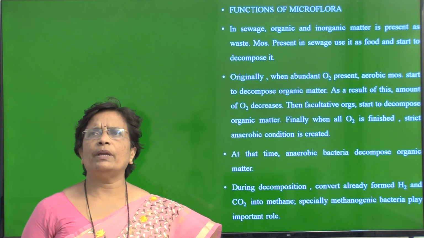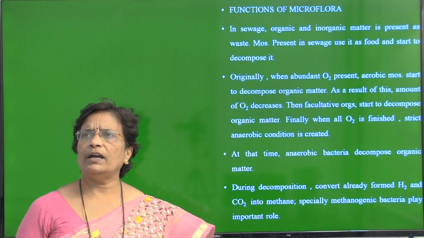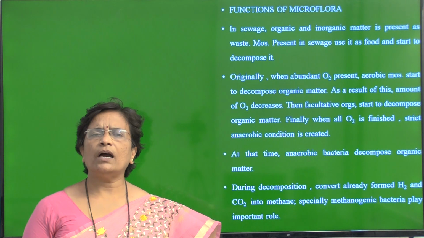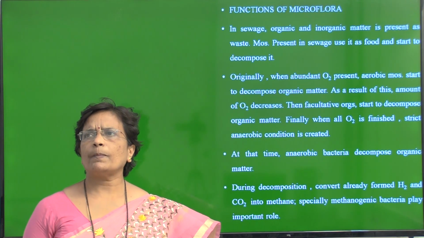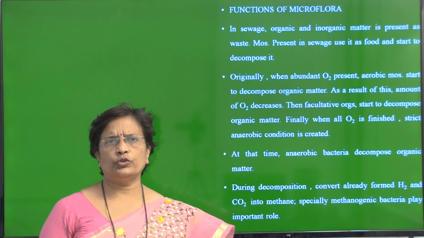The condition becomes anaerobic, and at that time anaerobic bacteria start decomposing the organic material in sewage.